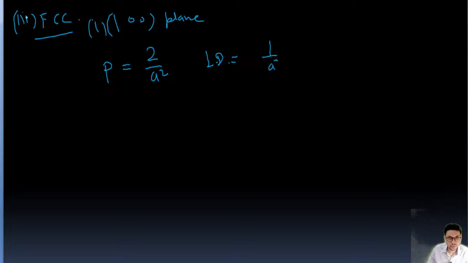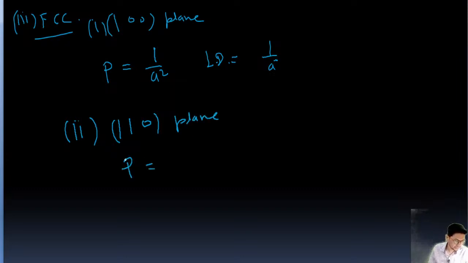Now for the 110 plane, rho is going to be 2 upon root 2a square, and linear density is going to be 1 upon root 2a.